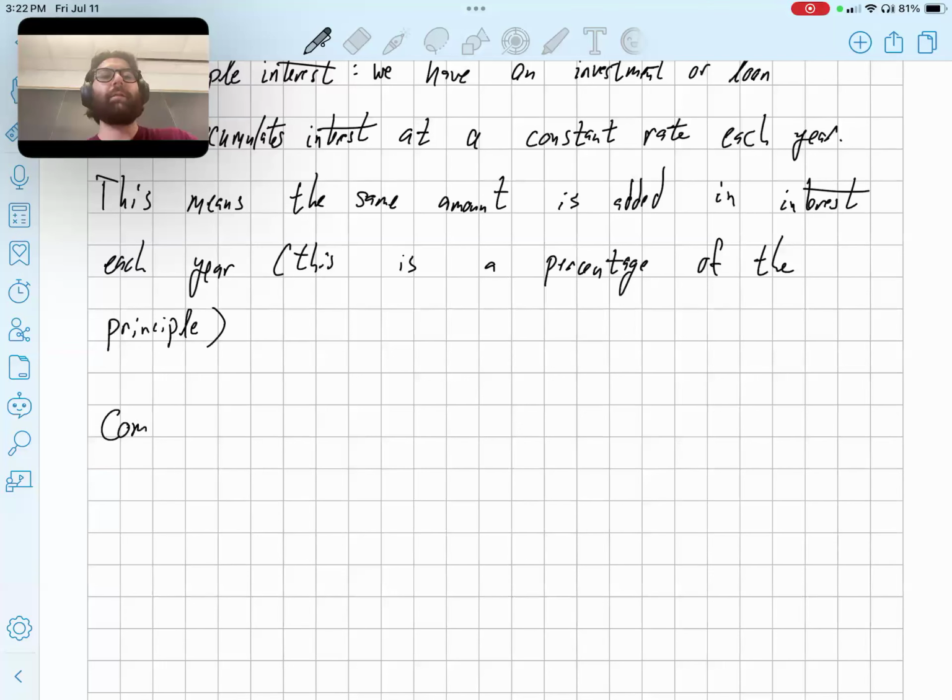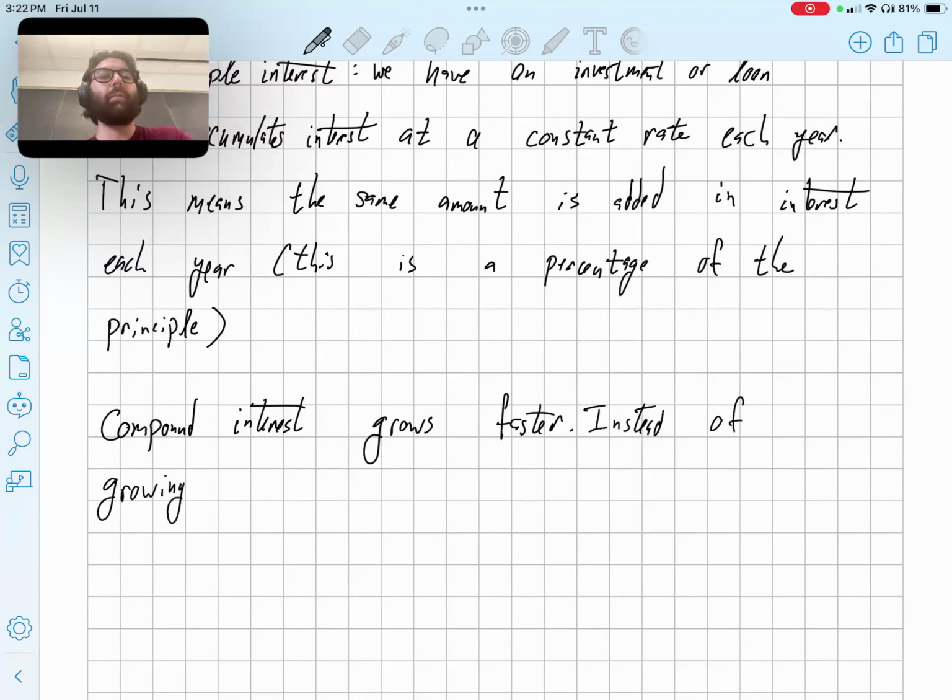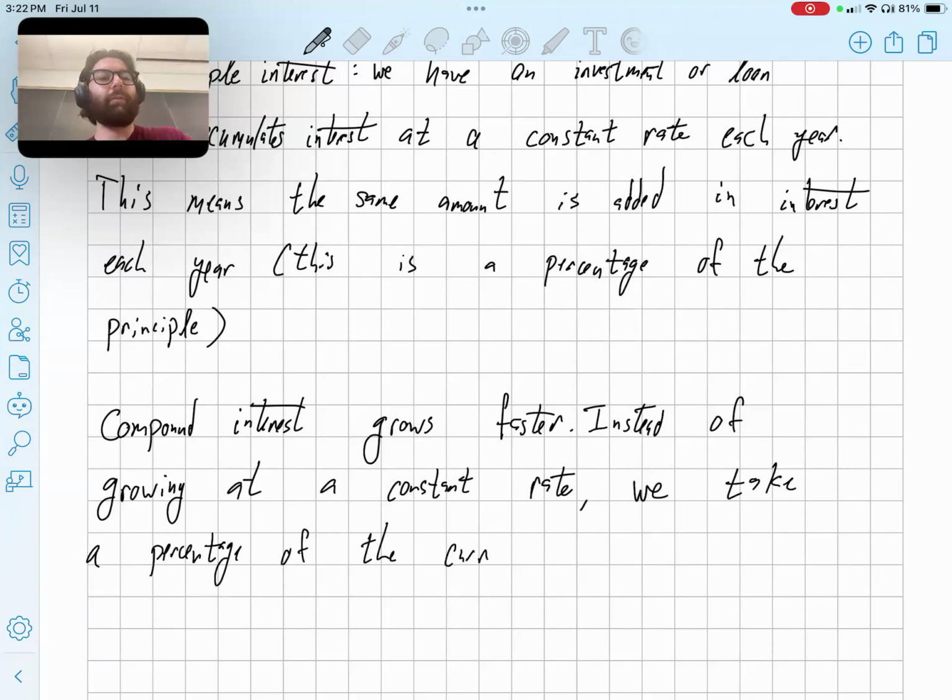Compound interest grows faster. Instead of growing at a constant rate, we take a percentage of the current balance.